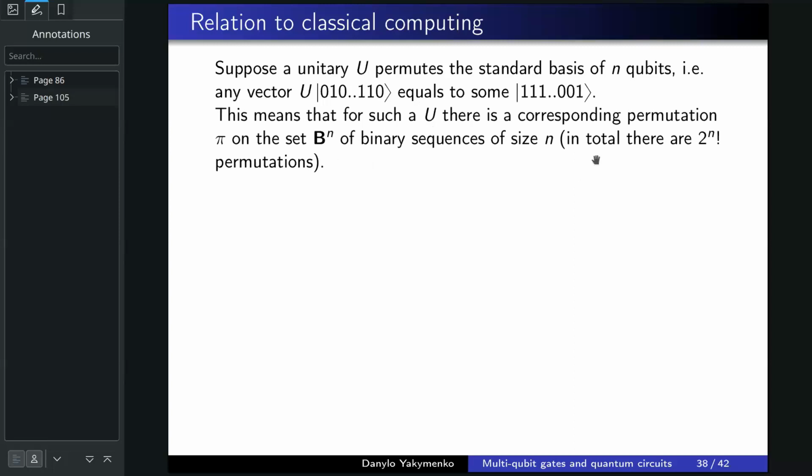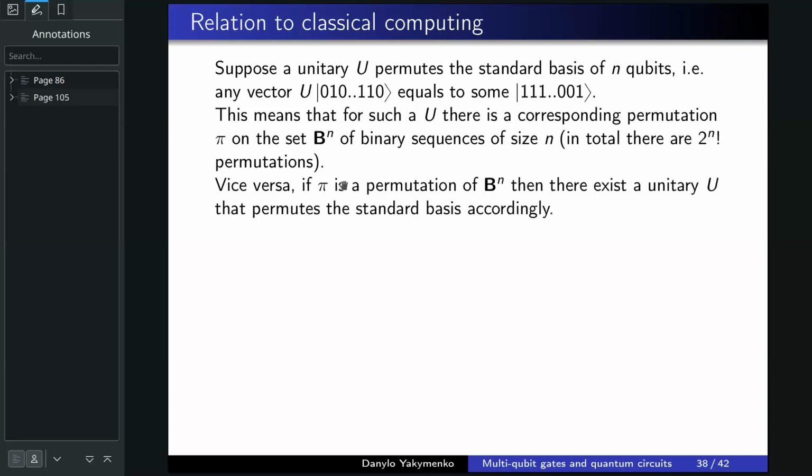And there is actually a huge number of possible permutations, because the total number of strings is 2 to the power n, and there are (2^n)! permutations. Now, vice versa, if we have some permutation on this set of n-bit strings, then there exists a unitary that permutes the standard basis accordingly.